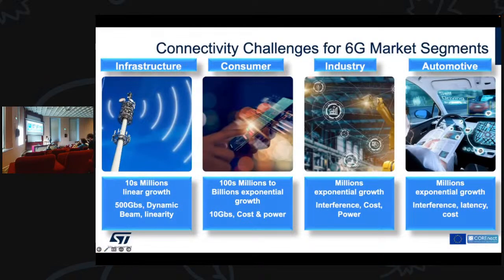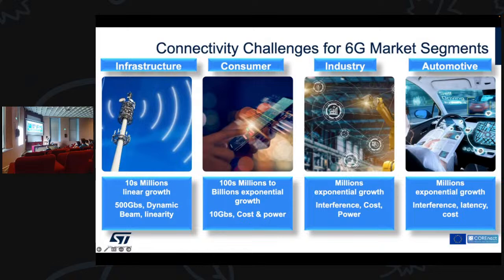So first of all, wireless connectivity is everywhere in the world, especially when we need mobility and flexibility. So we can have wireless in the infrastructure, in the consumer market, in the industry market, and in automotive. Each of them has different key features.